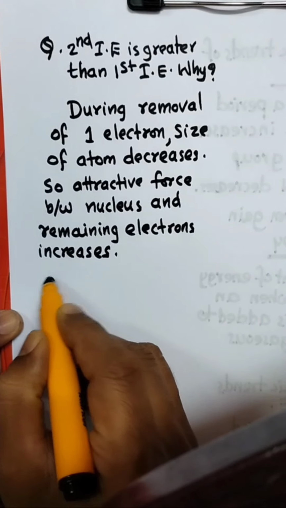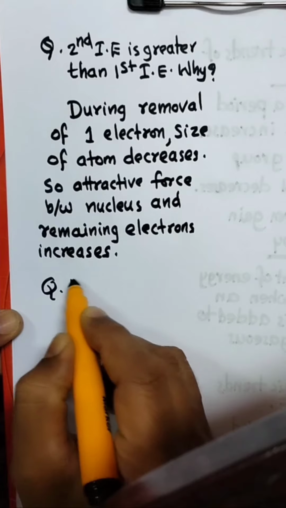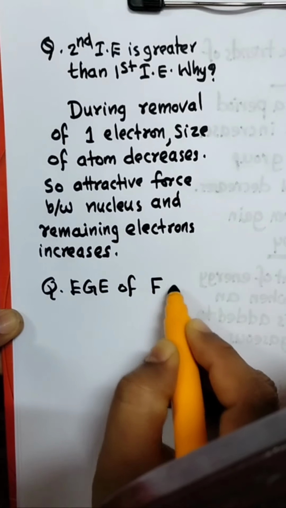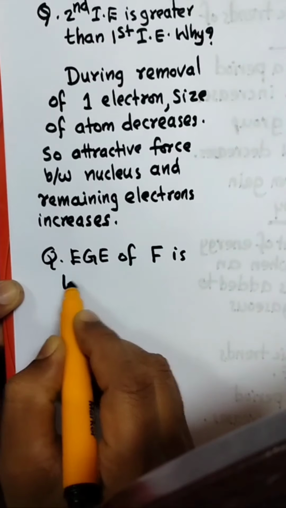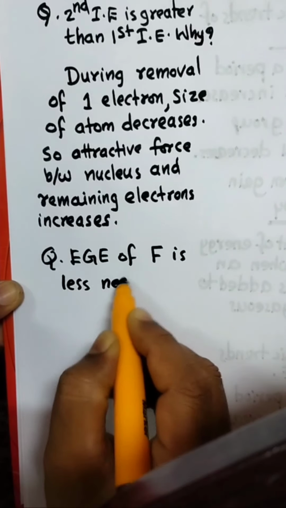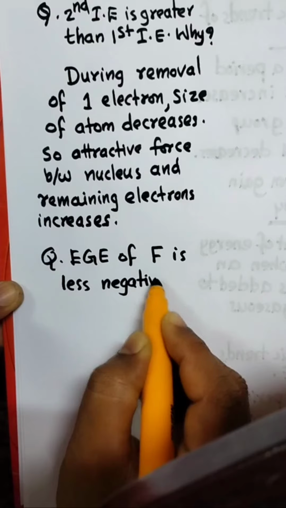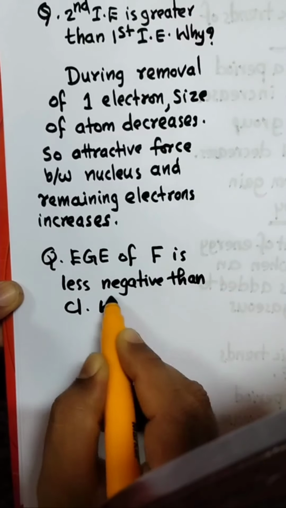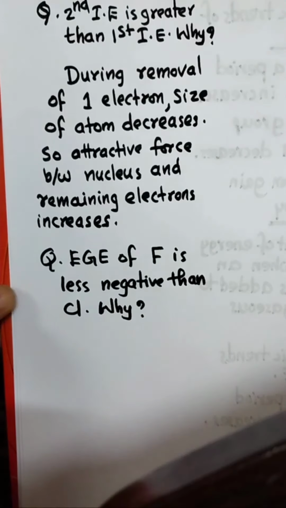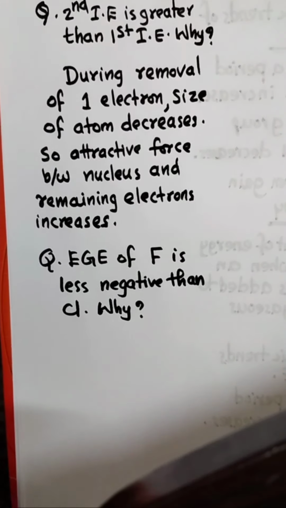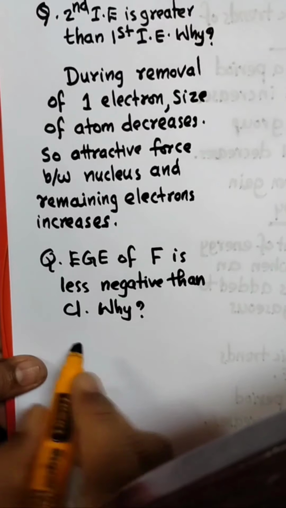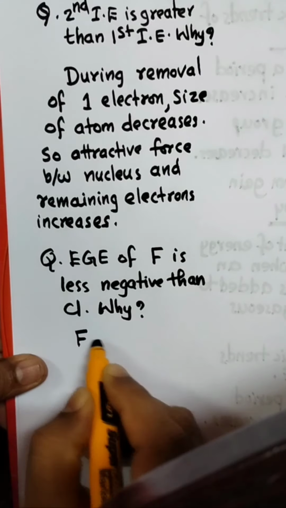Okay. Then next question. Electron gain enthalpy of fluorine is less negative than chlorine. Why? That is, fluorine is small.